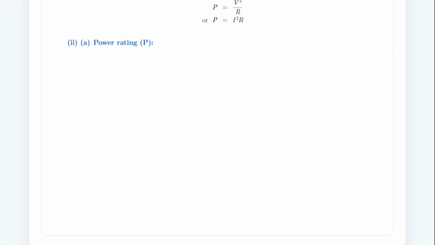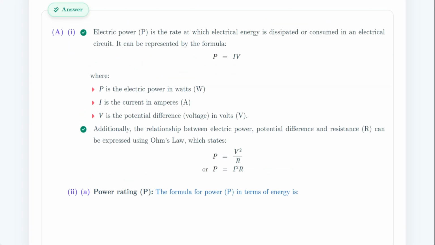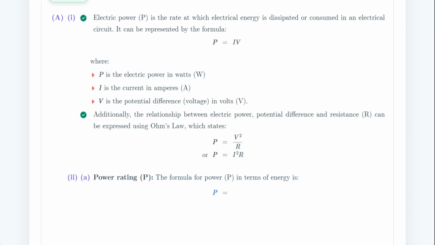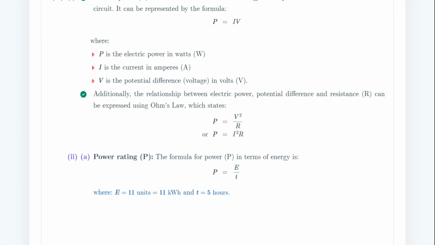Let's tackle Part A first, finding the power rating. Since we already have total energy and time, we use the basic definition of power. Power P equals total energy consumed, E, divided by the time taken, T. Here, our energy E is 11 units, which is exactly 11 kilowatt-hours, and time T is 5 hours.